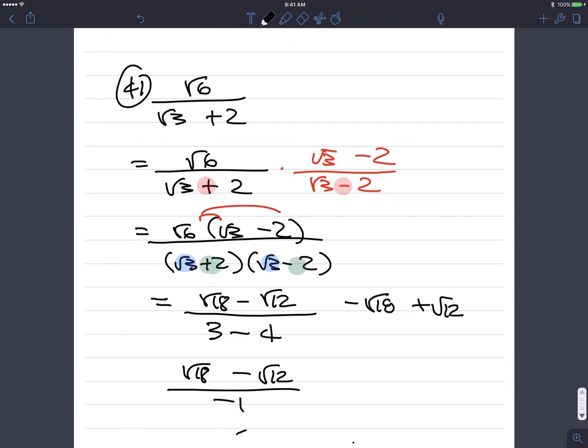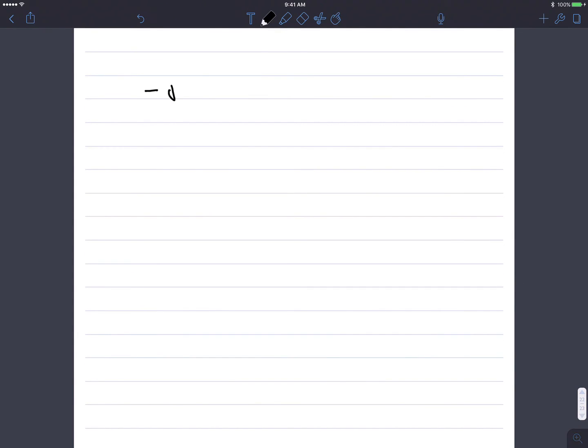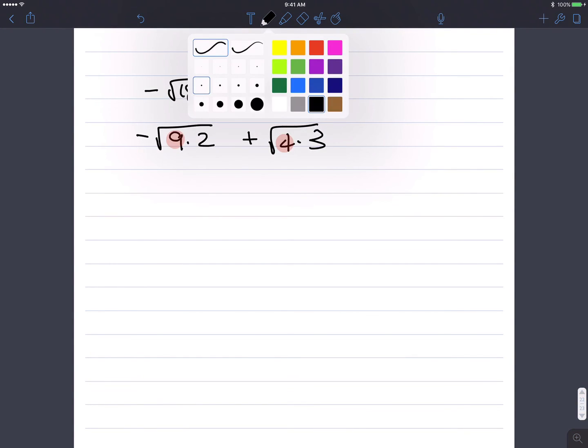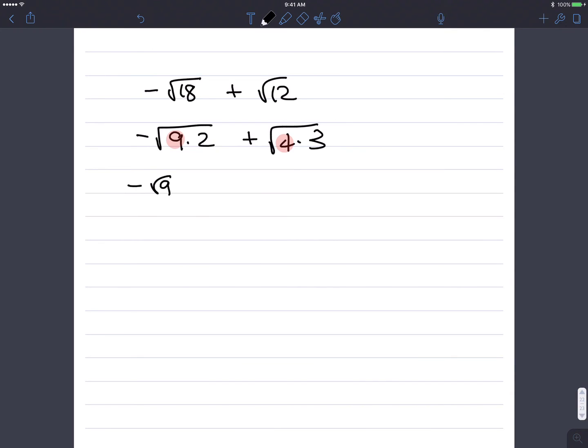Let's write this down here. Negative square root of 18 plus the square root of 12. And I can simplify my radicals. This is negative square root of 9 times 2 plus the square root of 4 times 3. 9 and 4 are perfect squares, so by the product rule, negative square root of 9 times the square root of 2 plus the square root of 4 times the square root of 3.